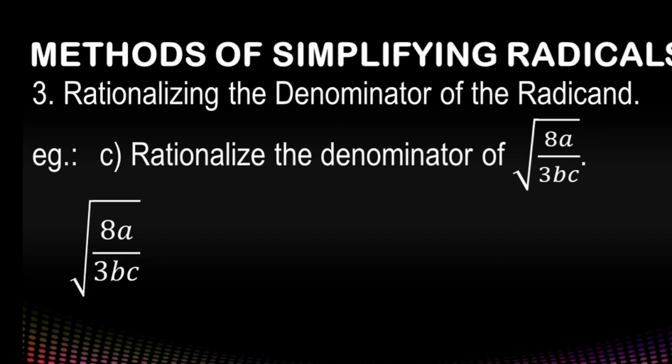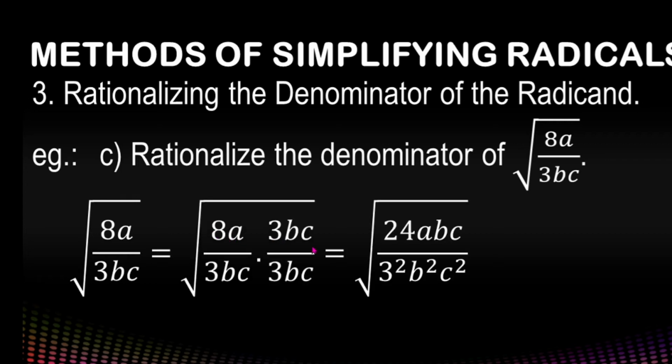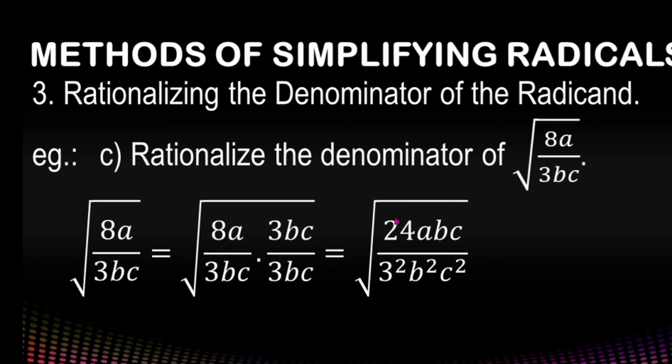We are going to multiply both the numerator and the denominator by the square root of 3bc. Therefore, we have 8a times 3bc is 24abc, while 3bc times 3bc is equal to 3 squared, b squared, c squared. Therefore, we have the square root of 24abc over the square root of 3 squared, b squared, c squared.